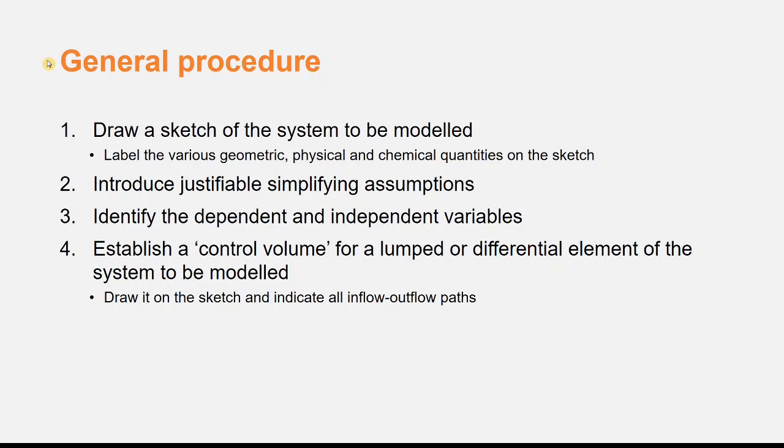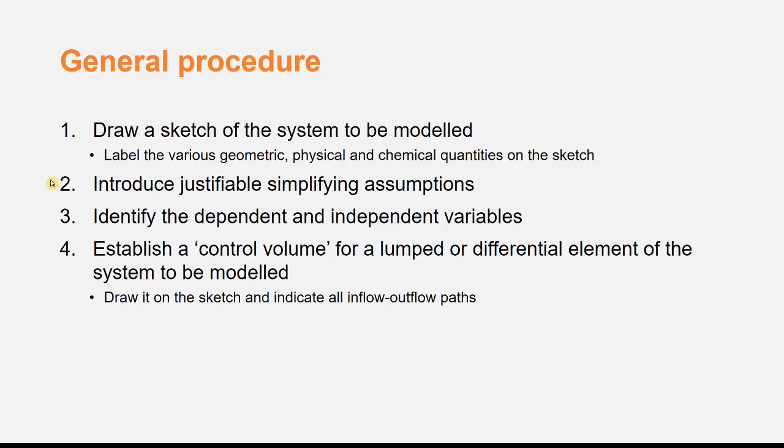The overall procedure for developing a mathematical model is as follows. You can follow this procedure step by step every time you develop your process model. Step 1. Draw a sketch of the system to be modeled. Label the various geometric, physical, and chemical quantities on the sketch. Step 2.